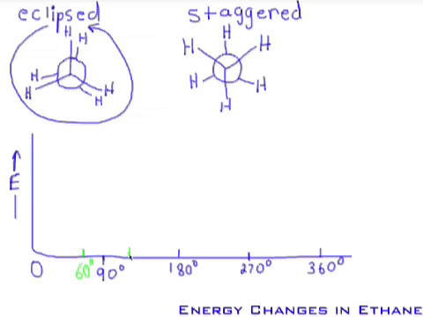We're going to double this. 120 is going to be about here. Okay, so 60, 120, and then we're going to hit 180. If we increase by 60, 240 will be somewhere about here. Then we're going to hit 300, and then 360.